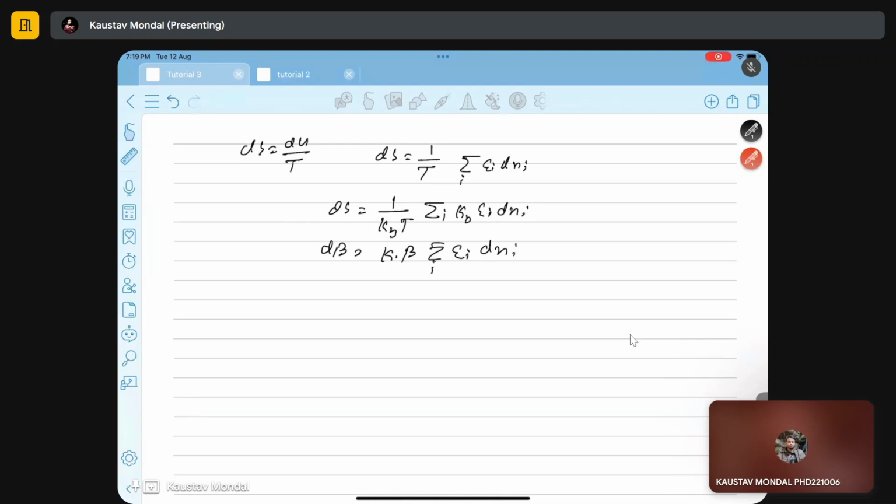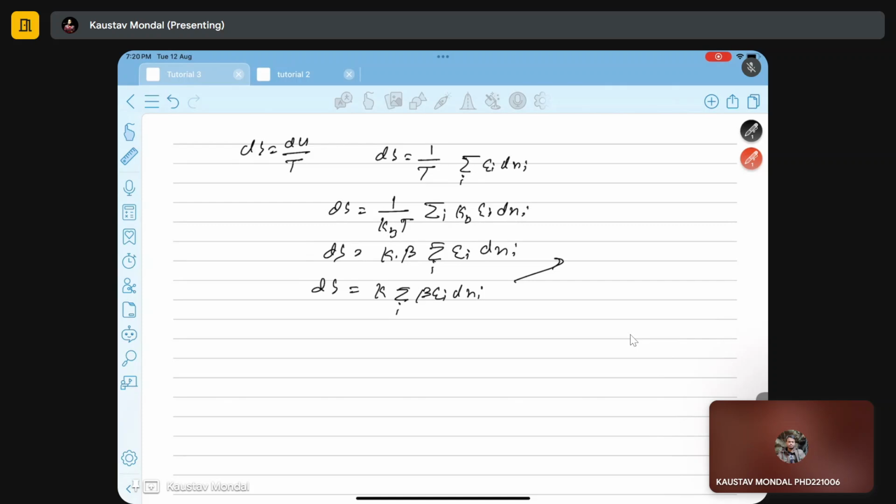So ds you can write as k into the summation over i of beta E_i dN_i. Now, from the previous-to-previous lecture, in the first tutorial, we calculated the extremum of our distribution.